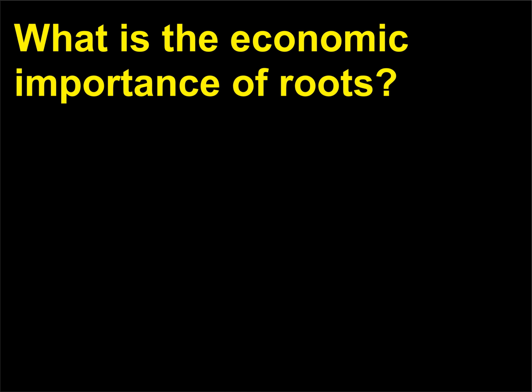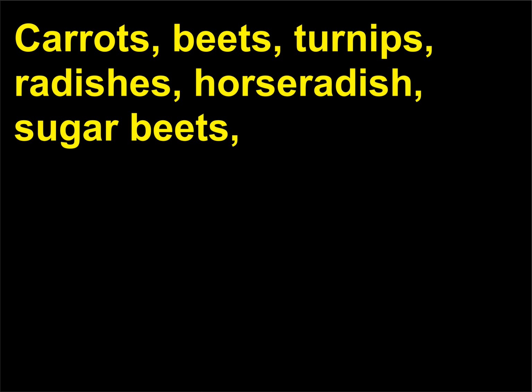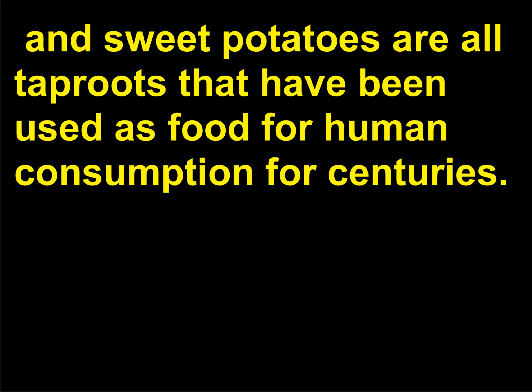What is the economic importance of roots? Carrots, beets, turnips, radishes, horseradish, sugar beets, and sweet potatoes are all taproots that have been used as food for human consumption for centuries.